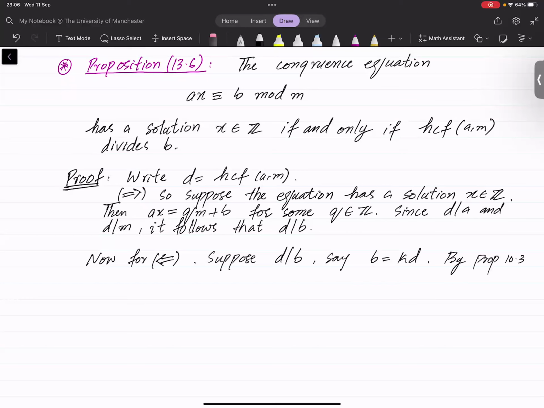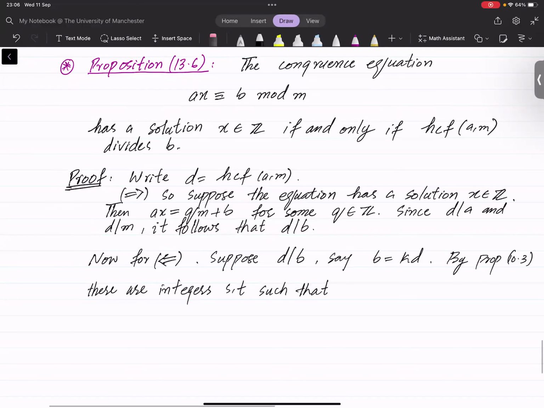By proposition 10.3, there are integers S, T such that D is SA plus TM.